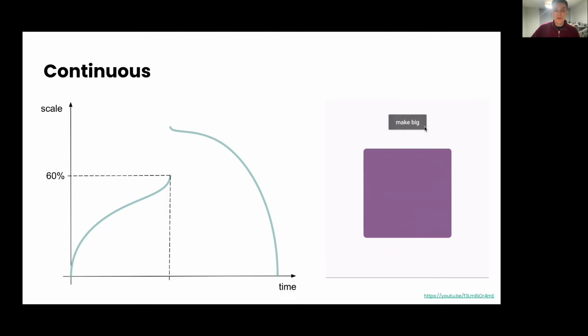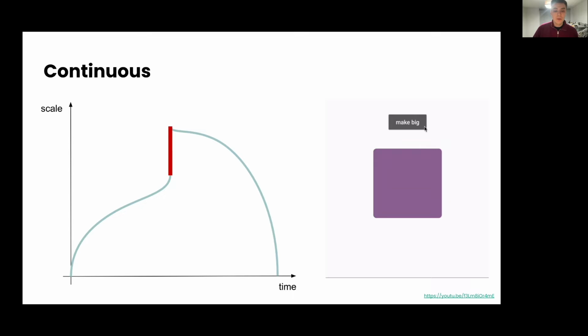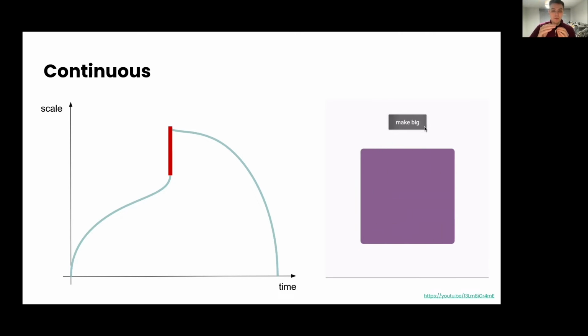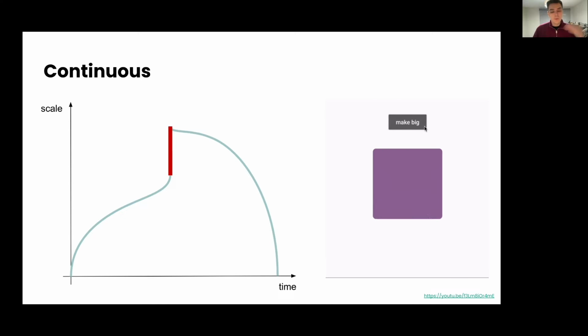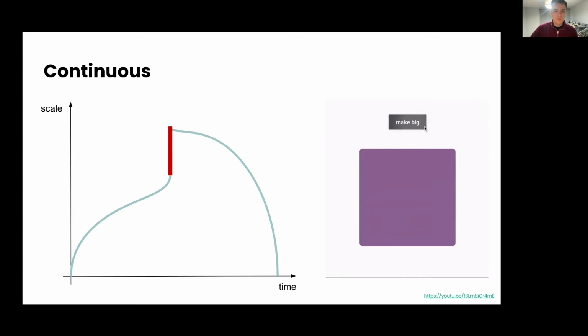And that's why this glitch happens, right? Because we have this difference between the values from which we launched this animation. So our animation was interrupted at 60%, and we launched it back from 100%, not from 60%, right?